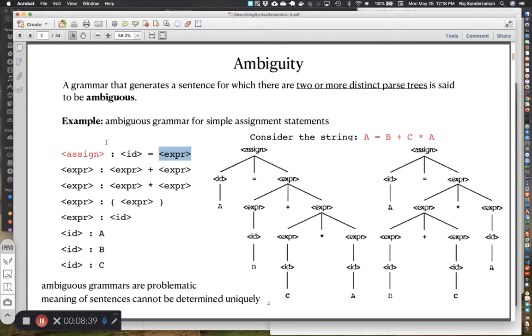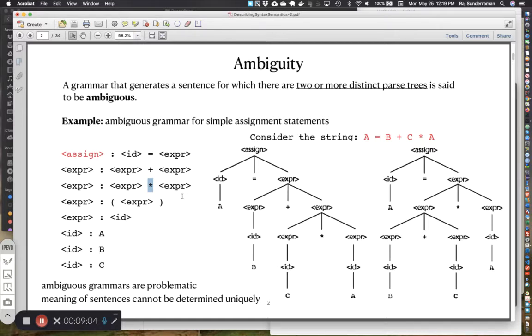Assign is the start symbol, and then there are four types of expressions. The last two are just the parenthesis and an ID by itself. The second and the third describe the plus and the times. We are just looking at the two operators, the plus and the multiply, and not other operators at this point.